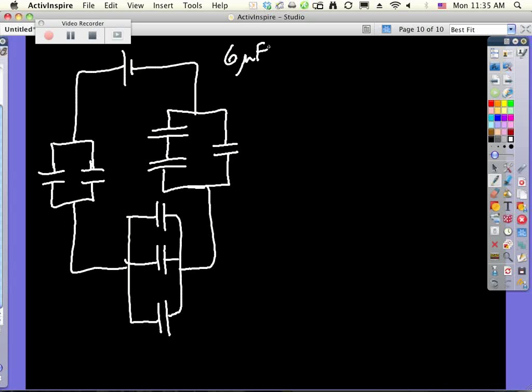Or whatever. If you use farads, it doesn't matter. What did I say? Was it micro? Okay, cool. So what we're going to do is we have to remember first and foremost that when you deal with capacitors, what do you have to do? Yeah, it's the opposite, right? Series is inverse and parallel is just add.